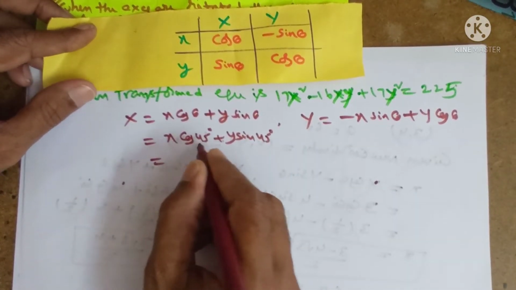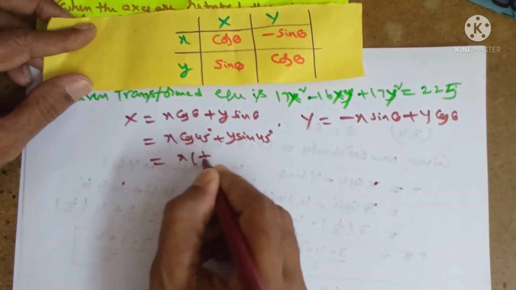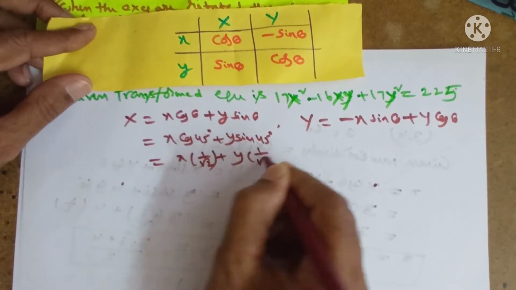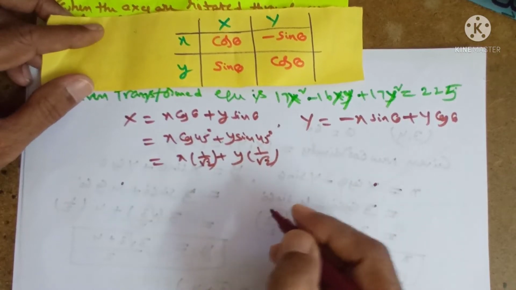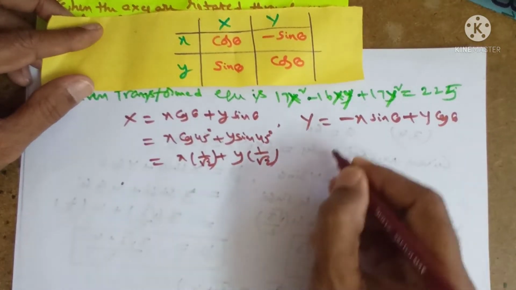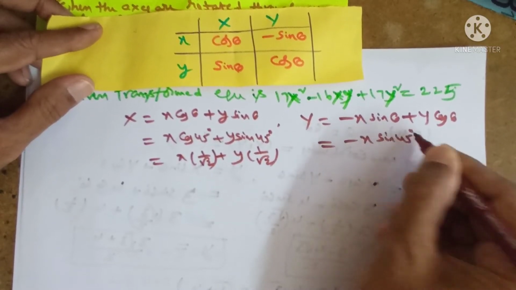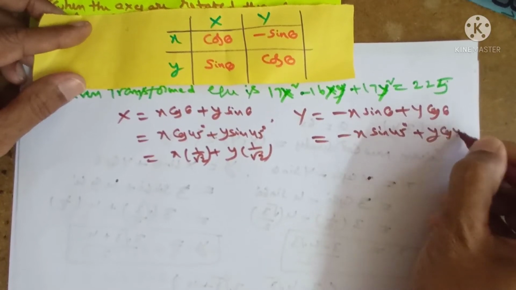Cos 45 is 1 by root 2, sin 45 is 1 by root 2. So this is x into 1 by root 2 plus y into 1 by root 2. Now this is minus x into sin 45 plus y into cos 45.